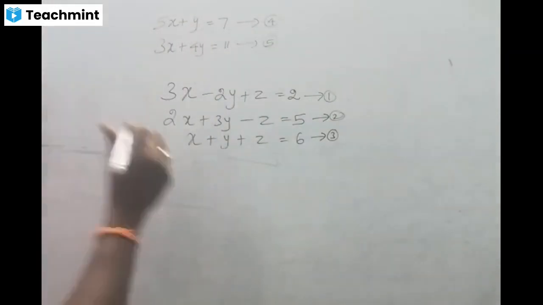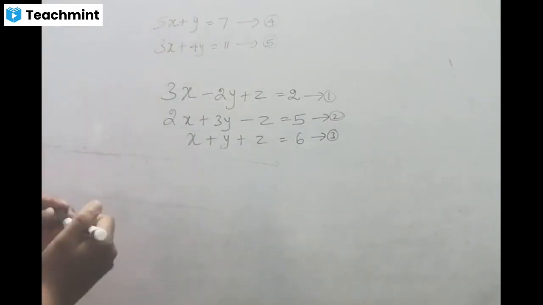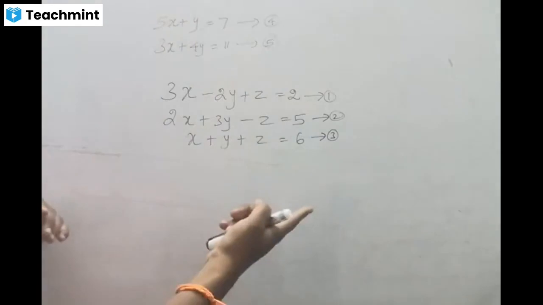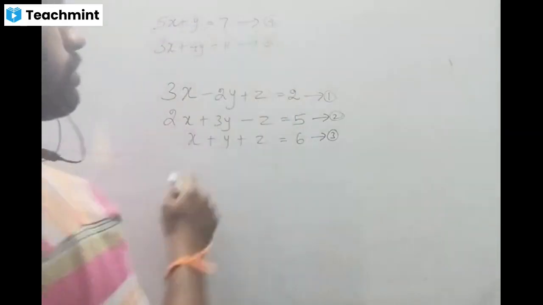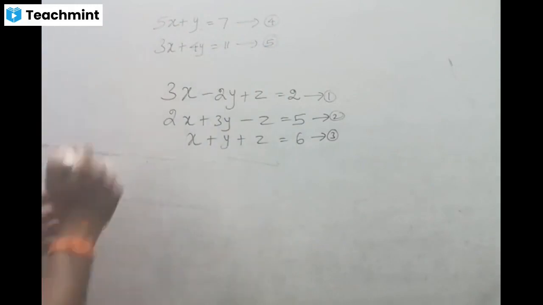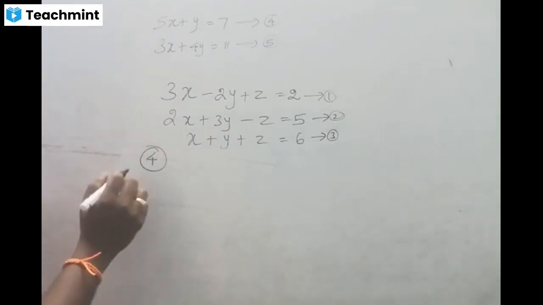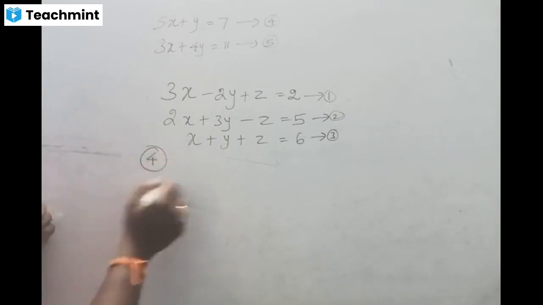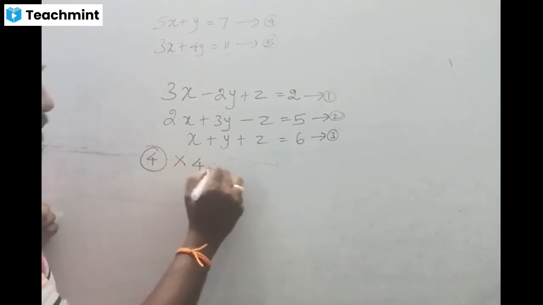Now listen. Here we have 4y, but here there is no 4. So to make it equal, what am I going to do? Just multiply the fourth equation by 4. Now listen carefully. If the number comes within the circle, then it is called an equation. Fourth equation is multiplied by 4.